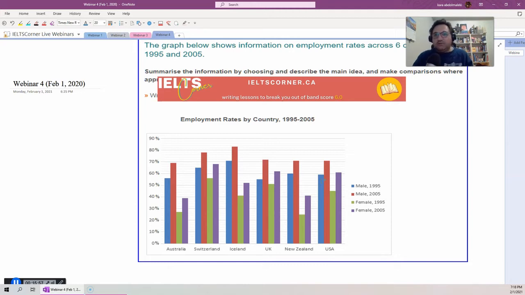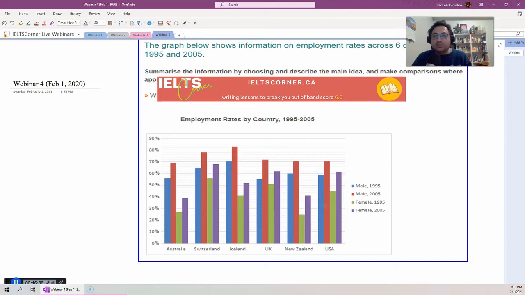So, for example, if you talk about males in one paragraph and females in the other paragraph, that will give you an opportunity to compare the years, but it will take away the opportunity to compare the genders. If you talk about 1995 in one paragraph and 2005 in another paragraph, that will take away the opportunity to talk about the genders, but it will give you the opportunity to compare the years.